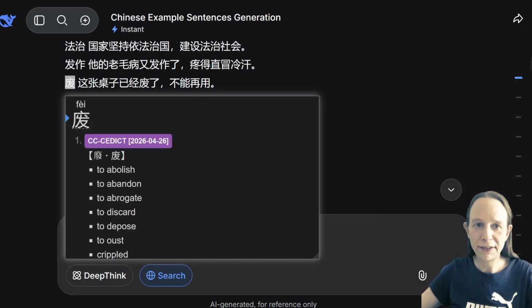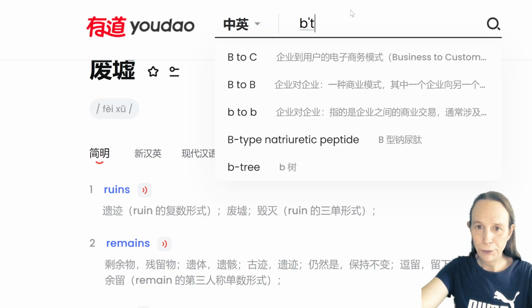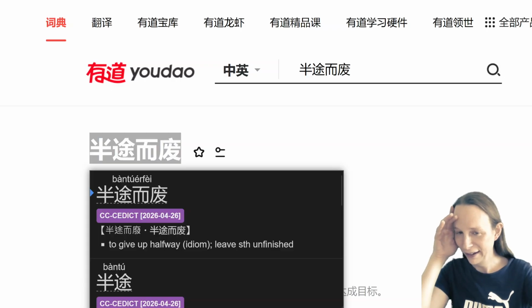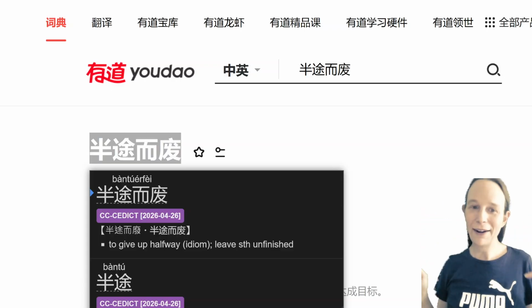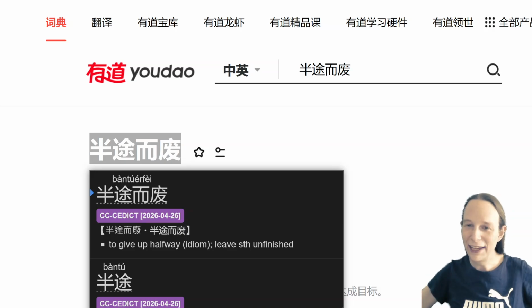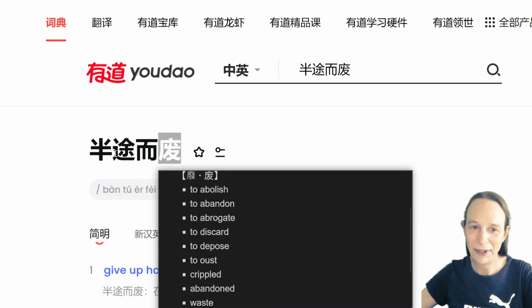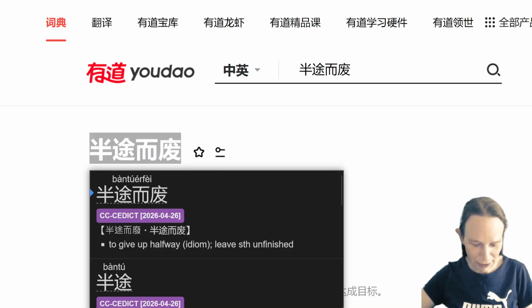I'm not sure what else we need to know, but 半途而废. This is one of the most common Chinese there are. 半途而废. Yeah, so give up halfway. So half route and give up. Here it kind of means give up, but it doesn't normally mean that. 半途而废, what does it say in the dictionary? 不再实用.